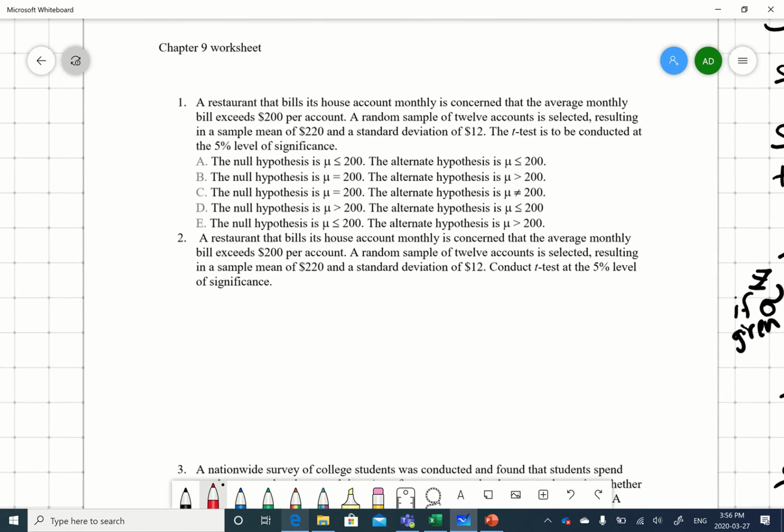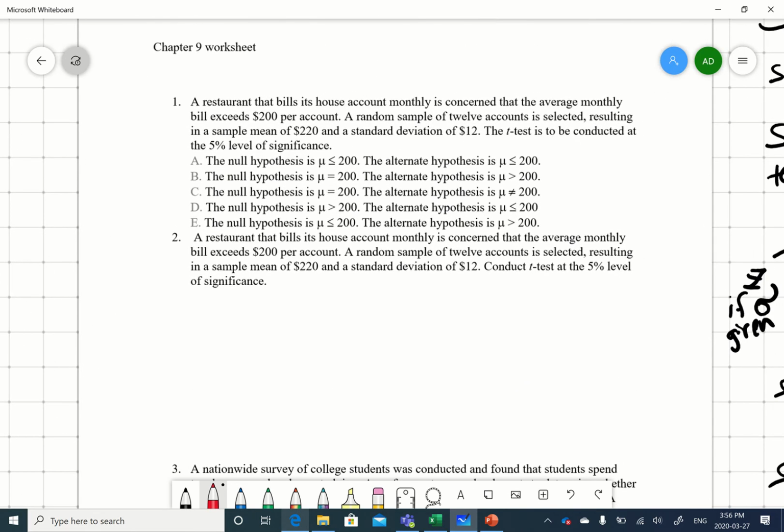Okay, right. So question number 1 is a multiple choice question. Let's have a look. A restaurant that bills its house account monthly is concerned. If it says concerned, that is probably going to give us some idea about the hypothesis.